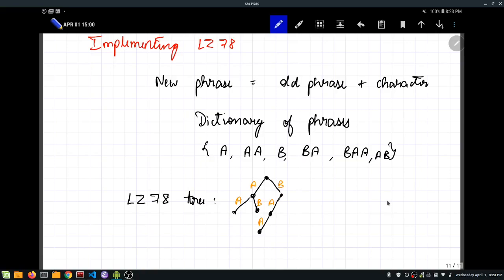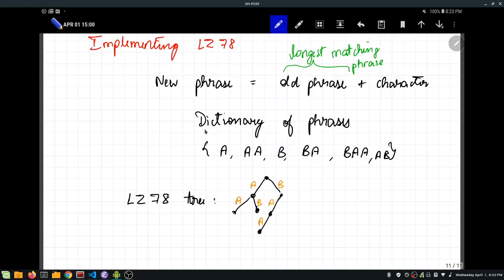The next phrase is always the longest matching phrase which we saw previously plus some other character. So every phrase is always equal to some old phrase plus a new character.